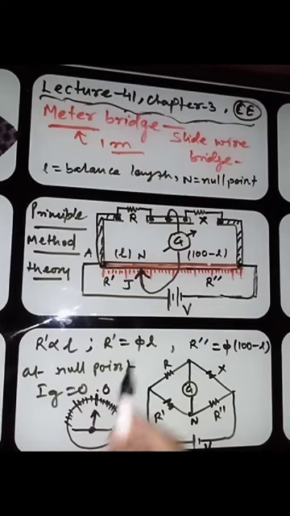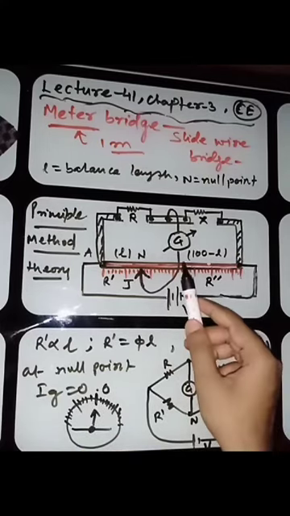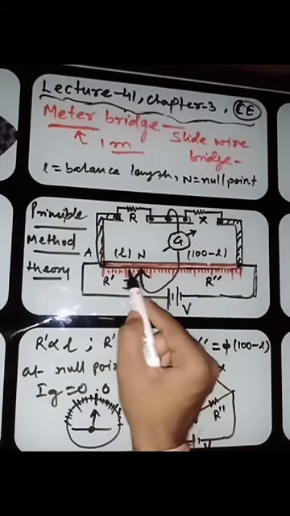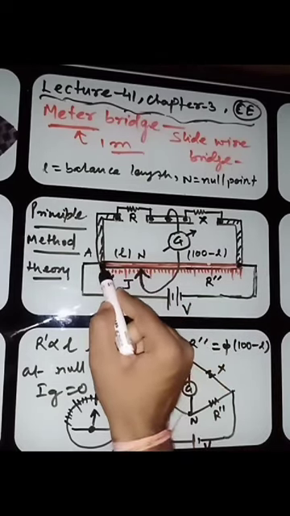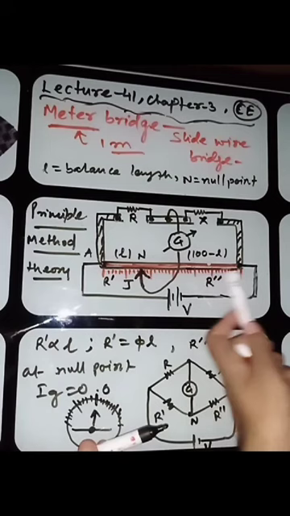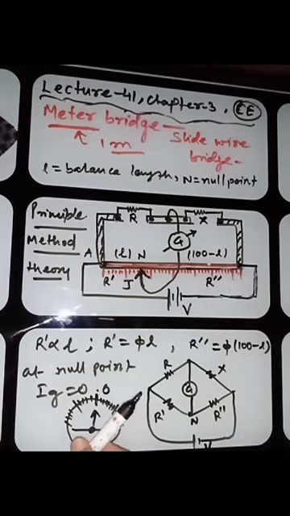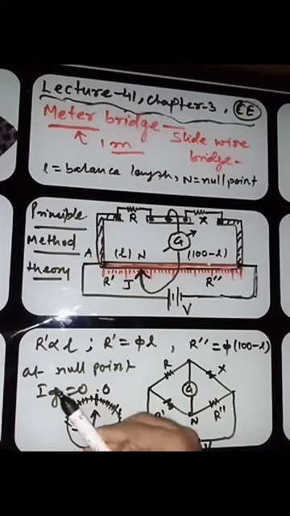Now again, focus over here. If you keep the jockey at point A, you find the pointer moves to the maximum. As you put the jockey at point B, you find the galvanometer moves to the maximum on the other side.